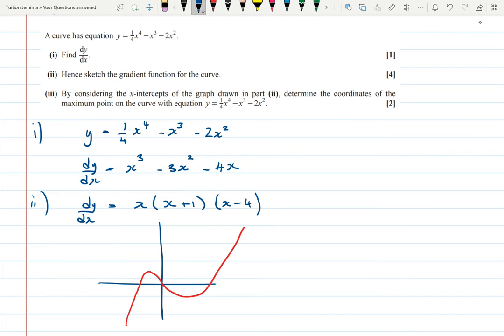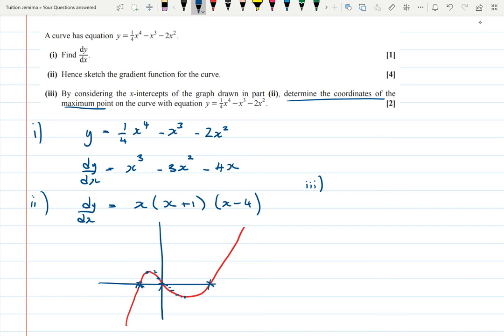But as I say, it's the third part that has raised a few questions. It says, by considering the x-intercept of the graph drawn, so it's basically by considering these x-intercepts here, determine the coordinates of the maximum. Well, thinking about it, if the gradient of the curve is decreasing, and in particular if it goes from positive to negative, it's a maximum, and that's the only time that happens.